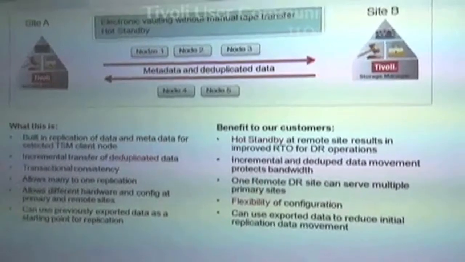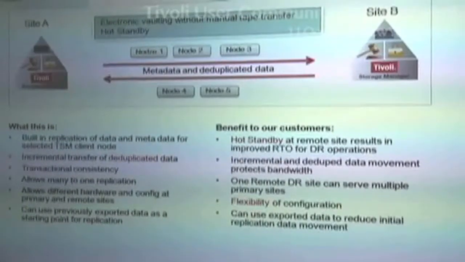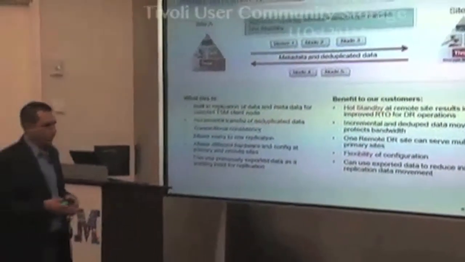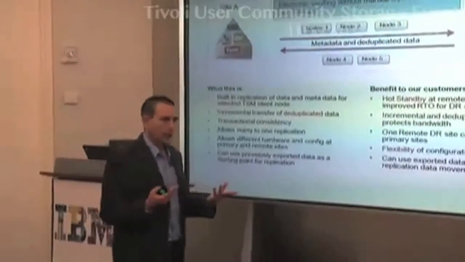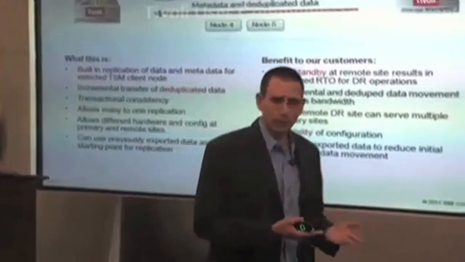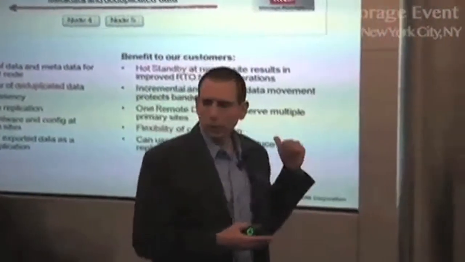But since we introduced deduplication and many customers have moved to TSM 6 using deduplicated storage pools, and network has become a lot more common than it was 3, 4, 5 years ago, that's what we're leveraging here.